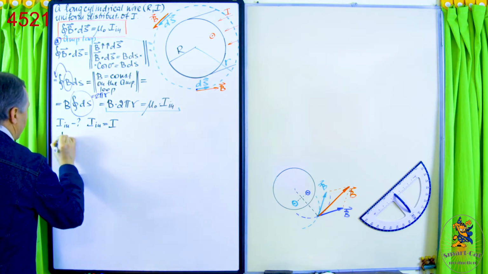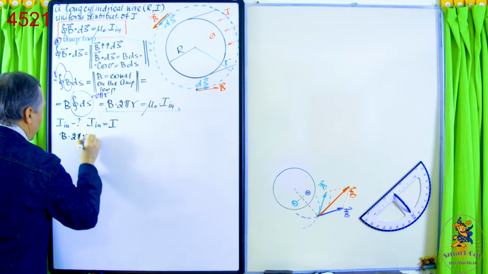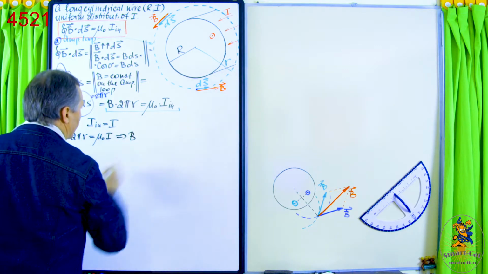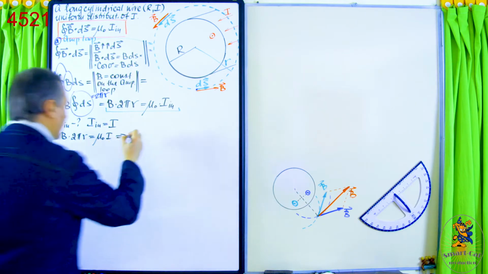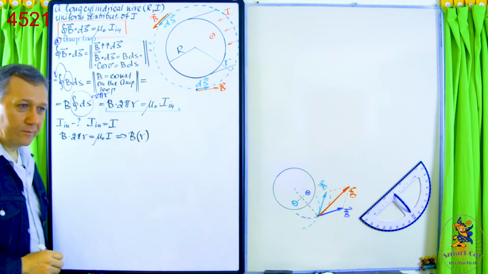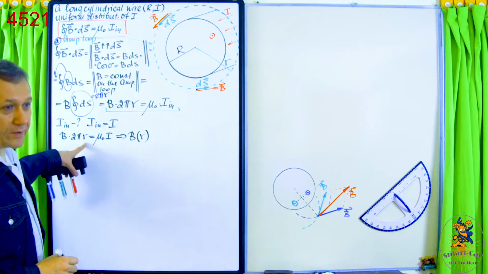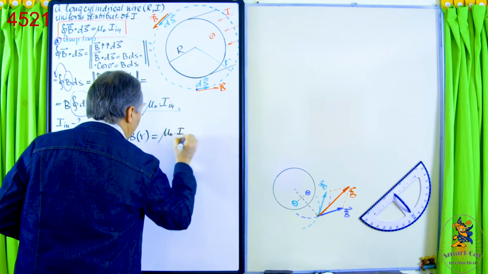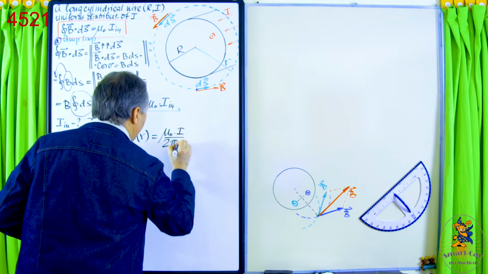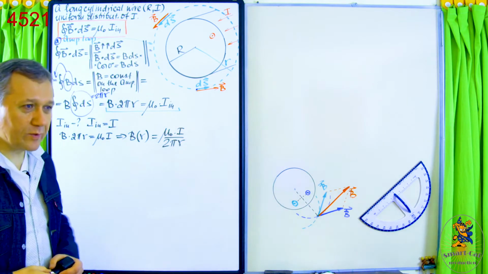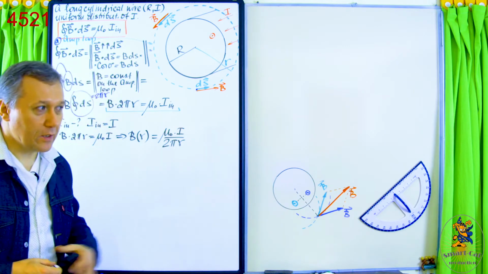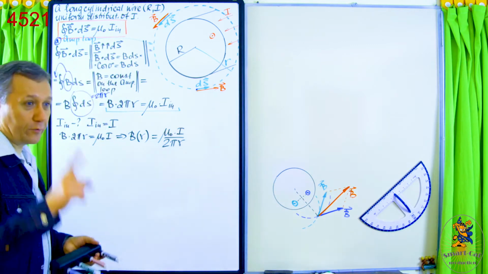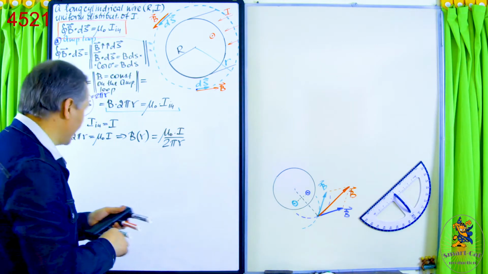So, okay, let me rewrite it. B times 2 pi r equals mu naught times I. So now we can write B as a function of r, because r here is a variable, equal to mu naught times I divided by 2 pi r. And that's the formula which we started using in our recitation classes. Not the previous one, the one before. Actually, for some of you, it was the previous recitation class.